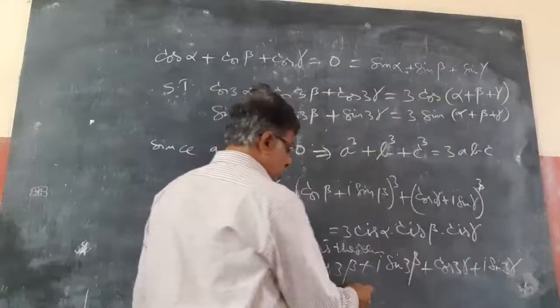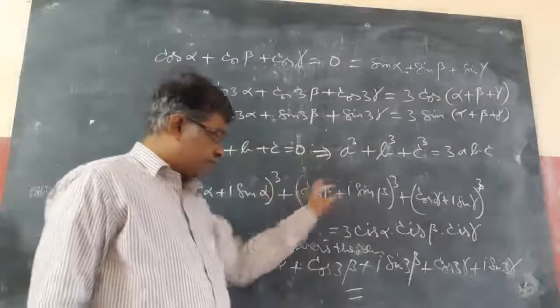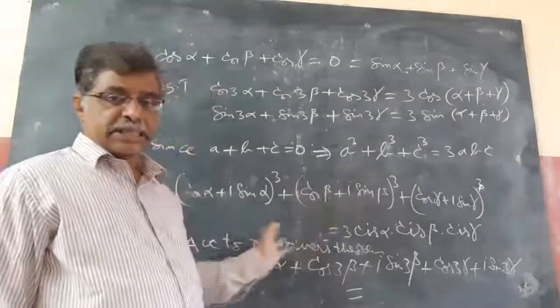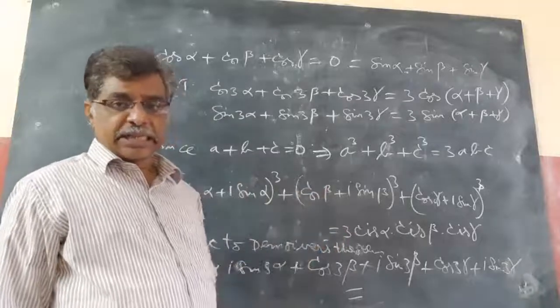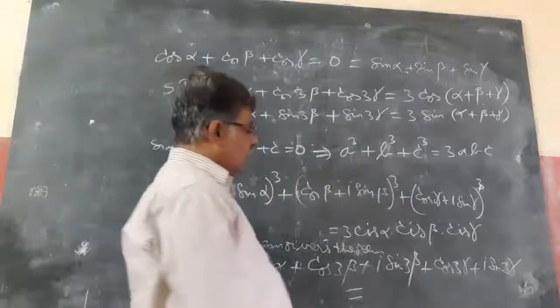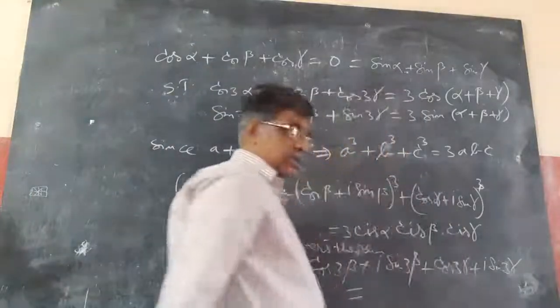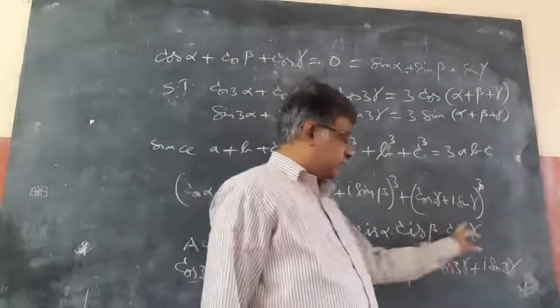Equal to, I am applying De Moivre's theorem for this. So this becomes cos 3 alpha plus I sin 3 alpha, cos 3 beta plus I sin 3 beta, cos 3 gamma plus I sin 3 gamma. Now coming to the RHS side, I have cis alpha into cis beta into cis gamma, which means cis of alpha plus beta plus gamma.